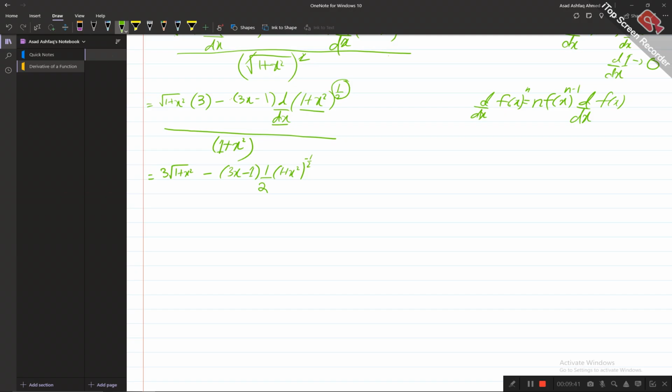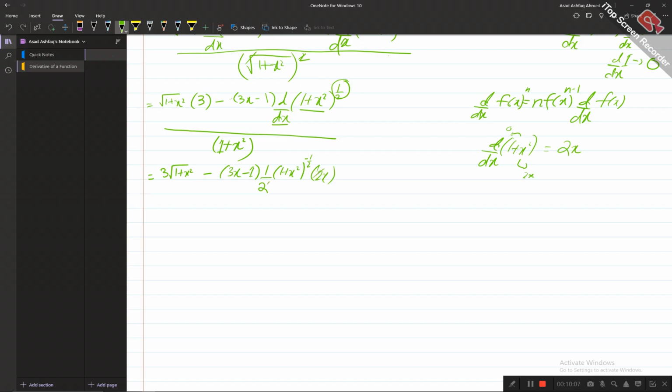And if I take the direct derivative of 1 plus x square, that will give us 2x, because the derivative of 1 is 0. So d upon dx of 1 plus x square will be 2x.